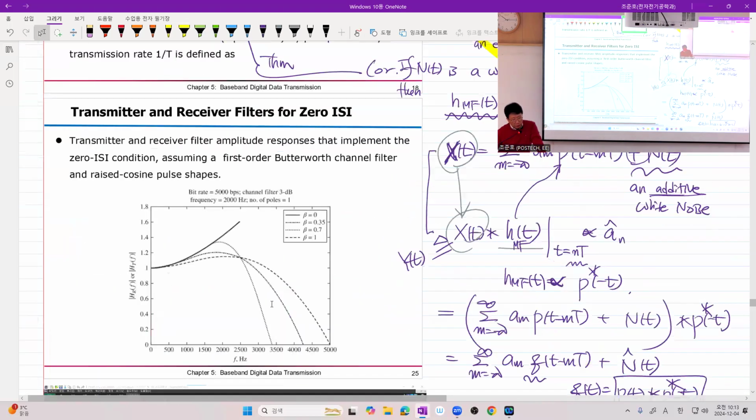Anyway, now, here goes various designs of the transmit pulse and receive pulse for data transmission, such as a line encoded signal, or a more generalized version, PAM, digital PAM or digital QAM signal.